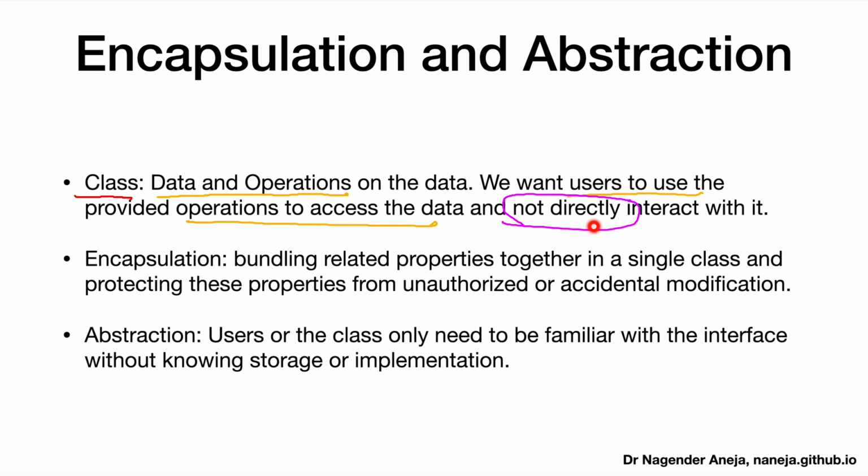And why we want this? Because we have enforced certain rules. So for example, the age must not be negative, age must not be 0, and the height must not be negative. Because those are the restrictions. If we directly access, then those values can be entered, like the space can be entered. So we want a name, not empty, rather unknown. Okay, so that's the reason that we want to create the operations.